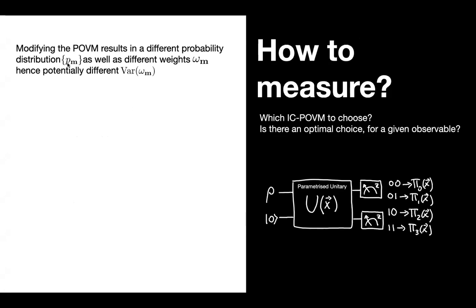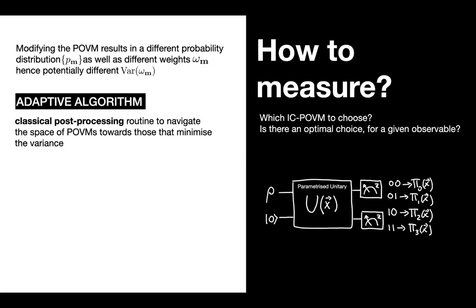And of course, this is clear because modifying the POVM always results in different probability distributions PM, and therefore in different weights omega m. And these weights can potentially have different variances. So it is clear that one can think of optimizing or changing the POVM in order to obtain the minimum variance, and so the most effective measurement.